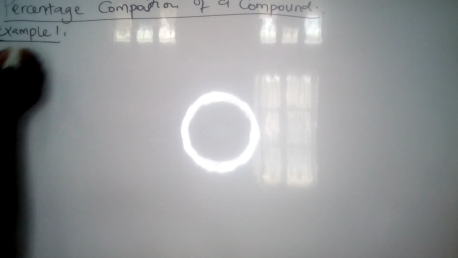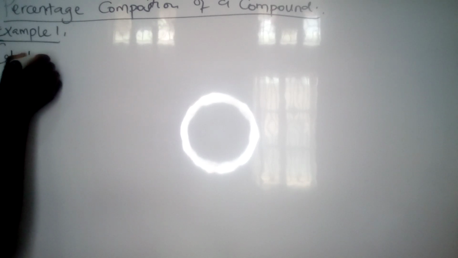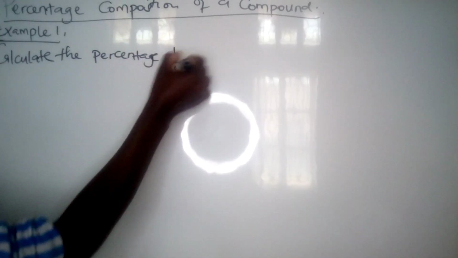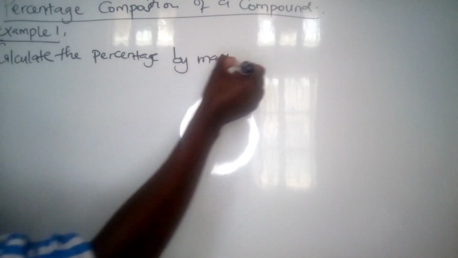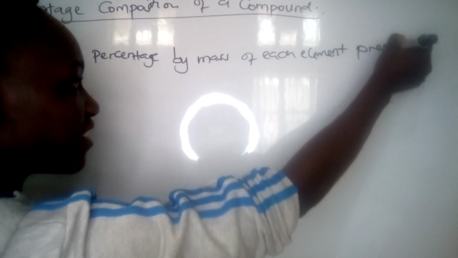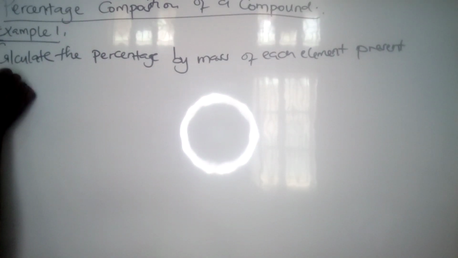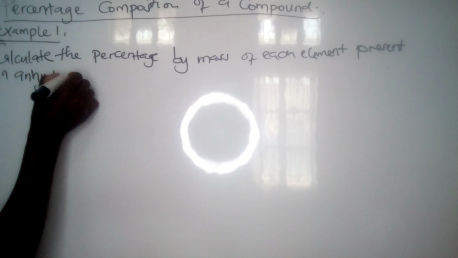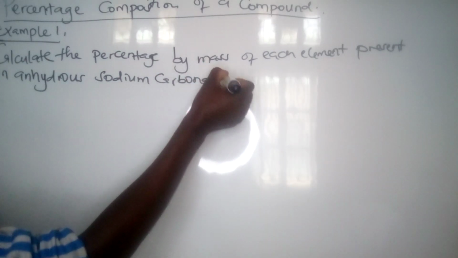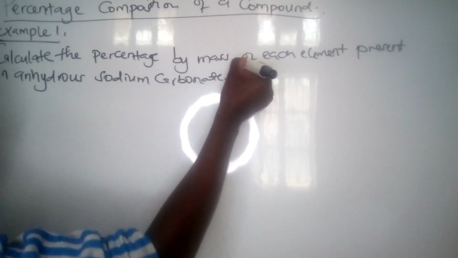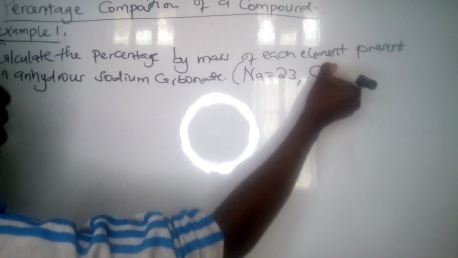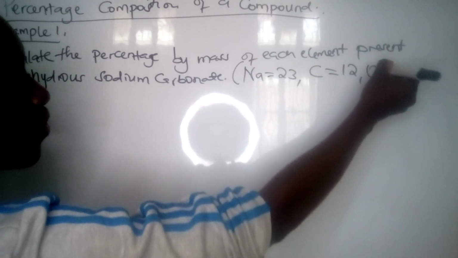One, we are being asked to calculate the percentage by mass of each element present in anhydrous sodium carbonate, given that the mass number of sodium is equal to 23, the mass number of carbon is equal to 12, and the mass number of oxygen is equal to 16.